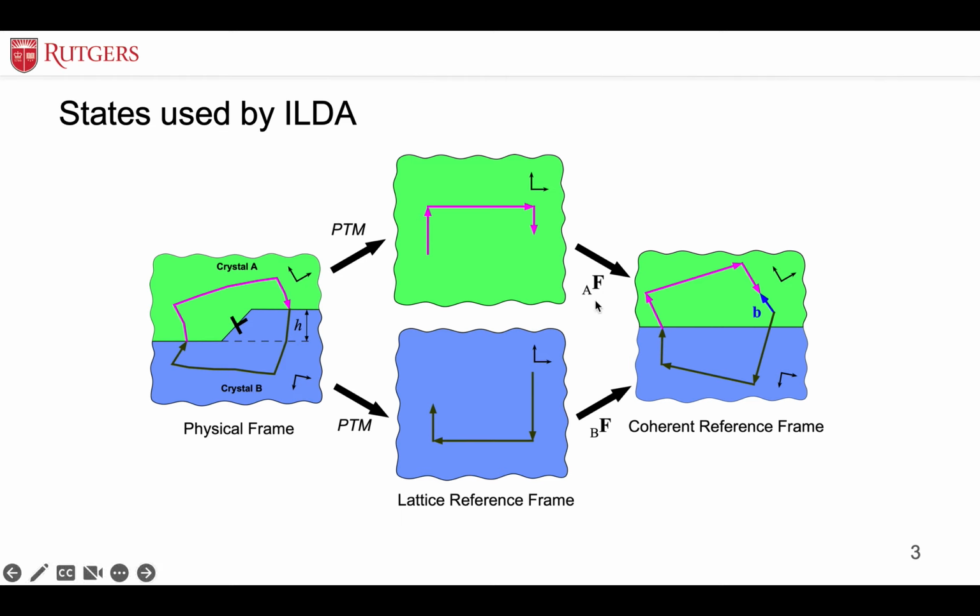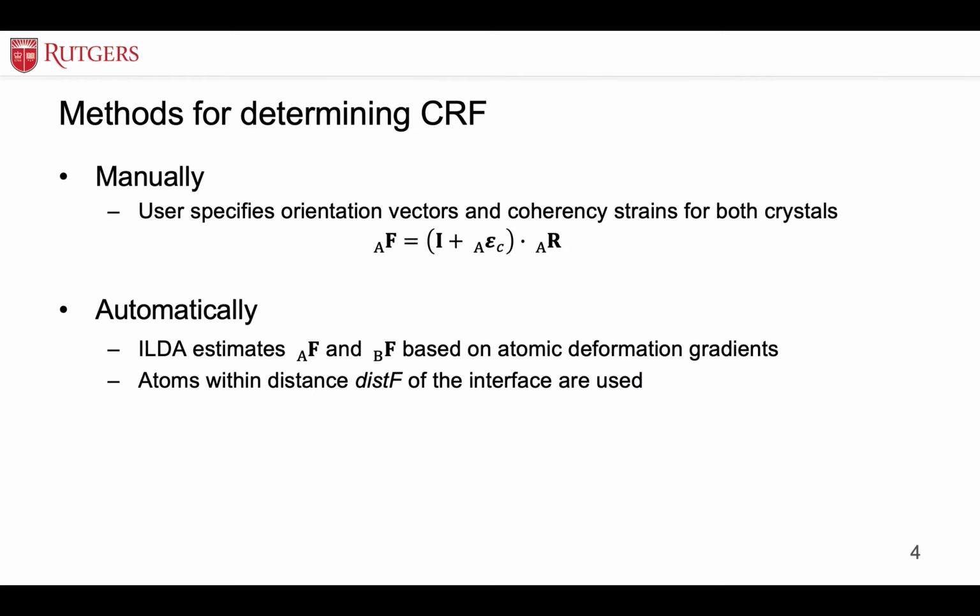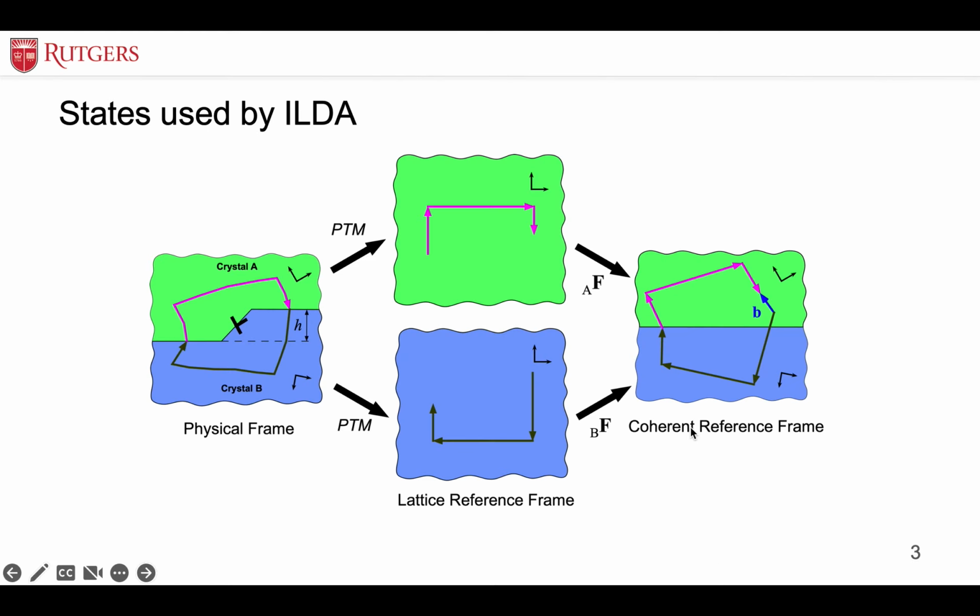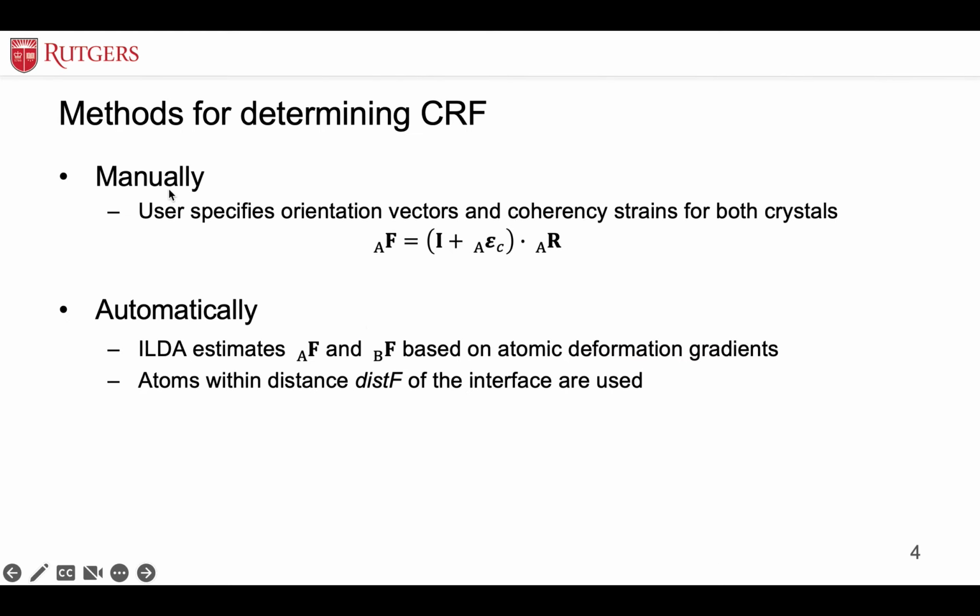So in order for ILDA to work, we need to know these deformation gradients. But we didn't tell it a deformation gradient. How did it get that deformation gradient? Well, there are two methods for determining this CRF, or coherent reference frame. One is manually, which we'll talk about more in a second, where you manually specify it. The other is this automatic method.